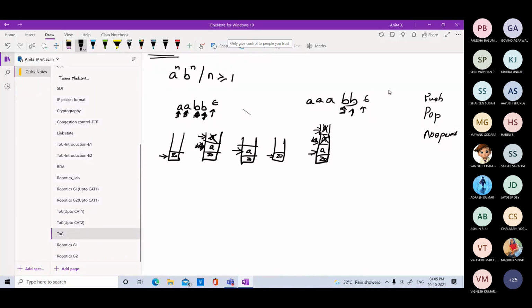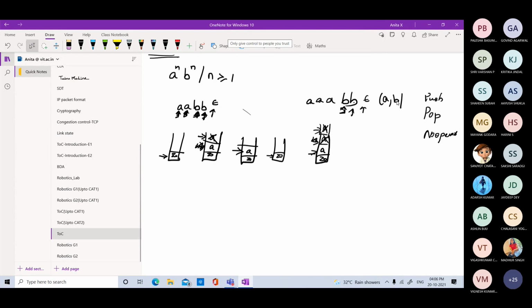So what is push? For example, the first element is the input symbol, the input alphabet, and here B is the stack alphabet, the top of the stack element.